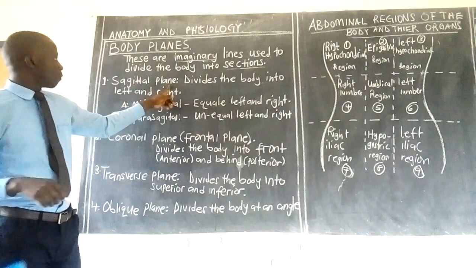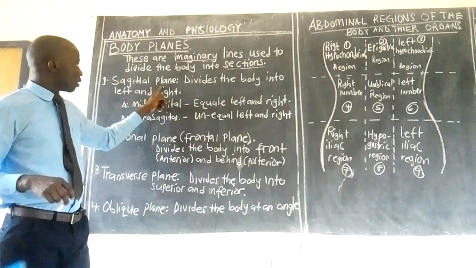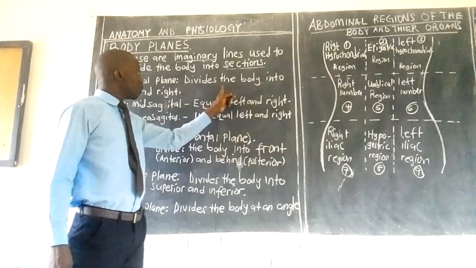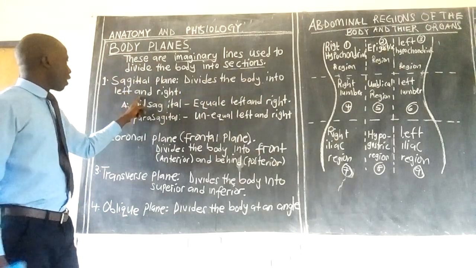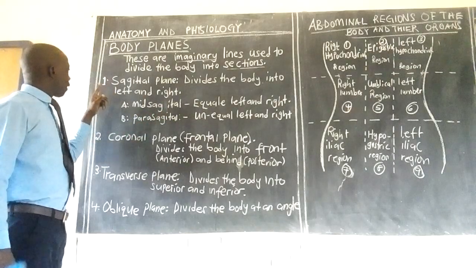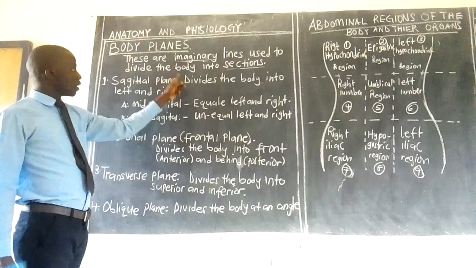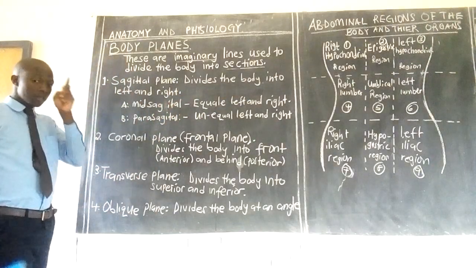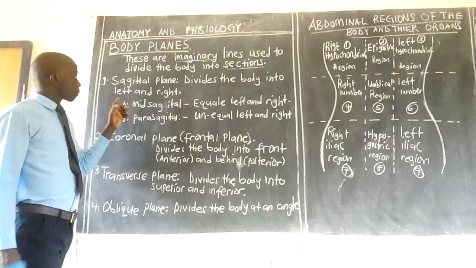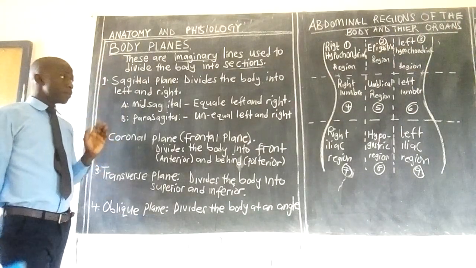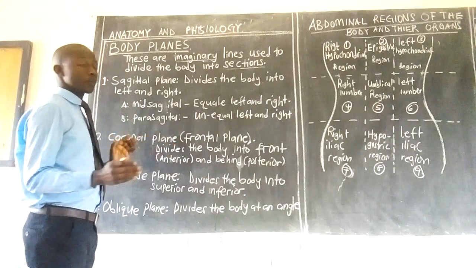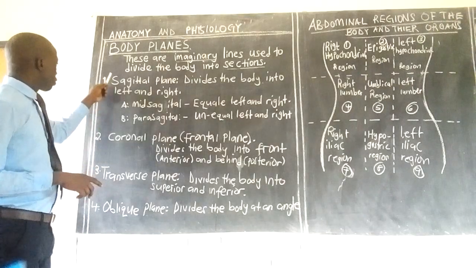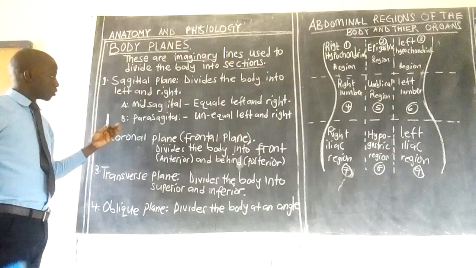The sagittal plane is an imaginary line that divides the body into left and right. So, sagittal lines or sagittal planes divide the body into left and right. Sagittal planes can be in two forms.